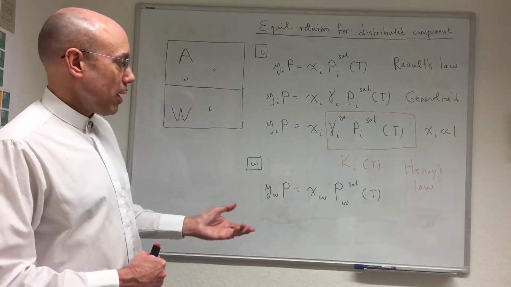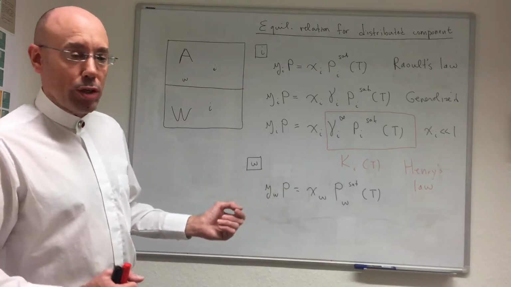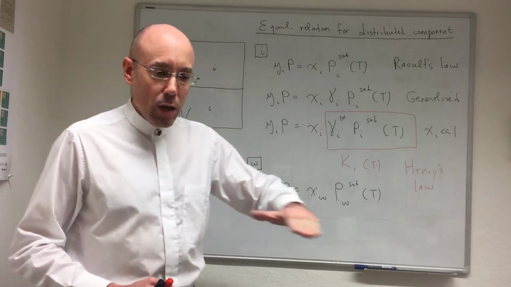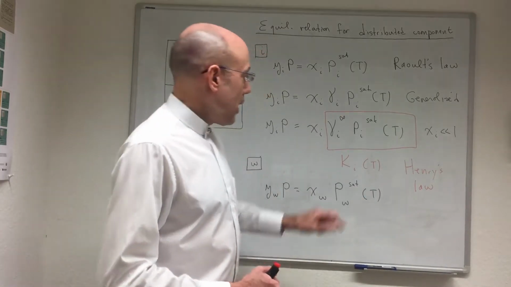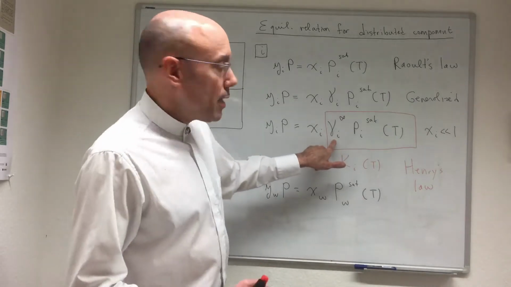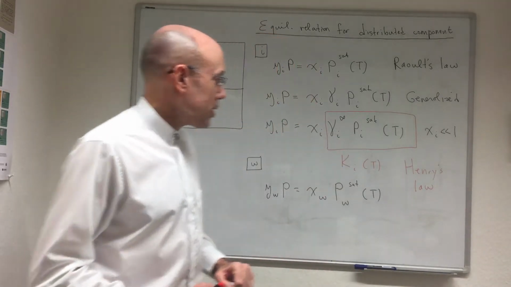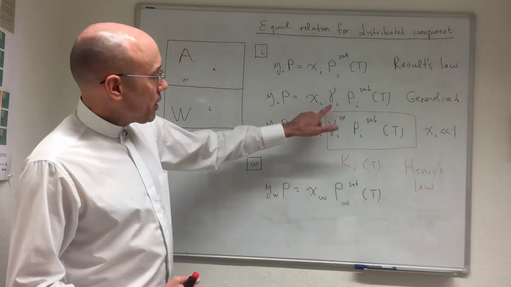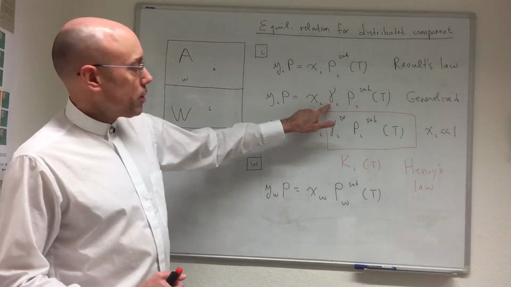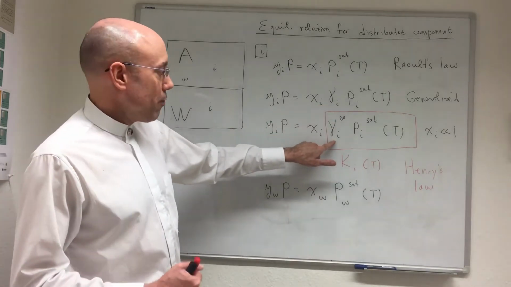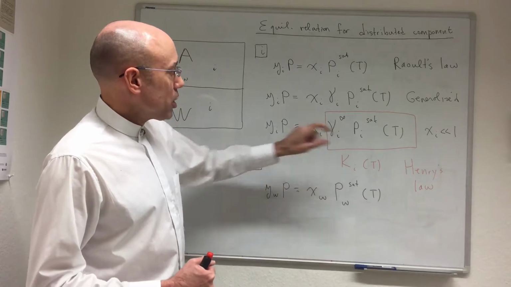In other words, if you just calculate or plot the activity coefficient and let x_i get smaller and smaller, it just settles down to some limiting value, and that's called the infinite dilution activity coefficient, and this is just a constant at whatever the temperature is. So at low concentrations, you can replace the activity coefficient, which generally depends on composition, with its infinite dilution value, and so this is just a number.